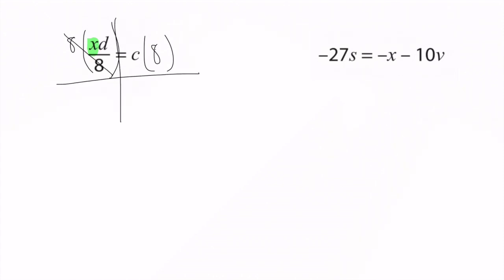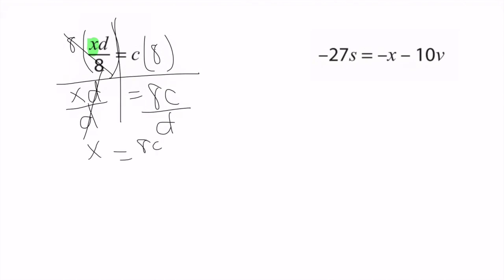That would cancel out here, and we're left with just xd equals 8c. Then if we want to get rid of this d, it's being multiplied by the x, so the opposite would be to divide by d on both sides. So we're left with x equals 8c over d.